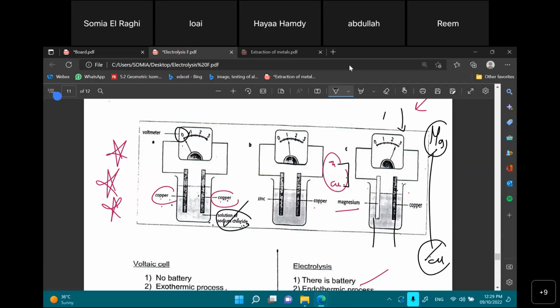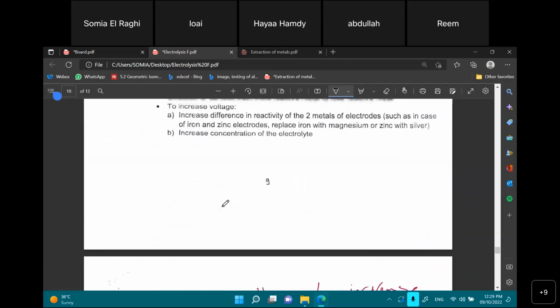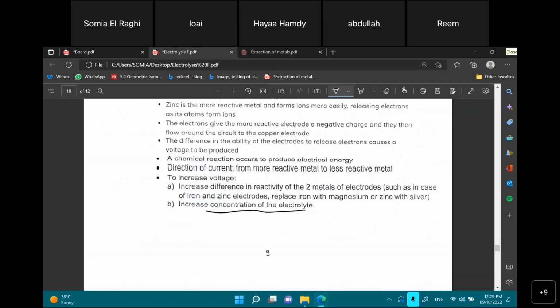All right. So how to increase the voltage in the voltaic cell? By increasing the concentration of the electrolyte, or increasing the difference in reactivity of the two metals. All right. I wrote everything for you.